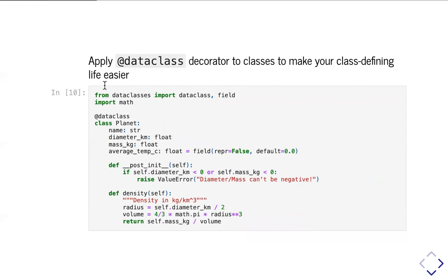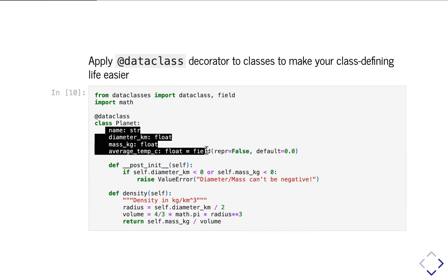So you import the data class from the data classes module and decorate a class with the data class decorator. And then this is pretty much the same code as that dunder init from last time. It's using those type annotations again to tell what types they should be.